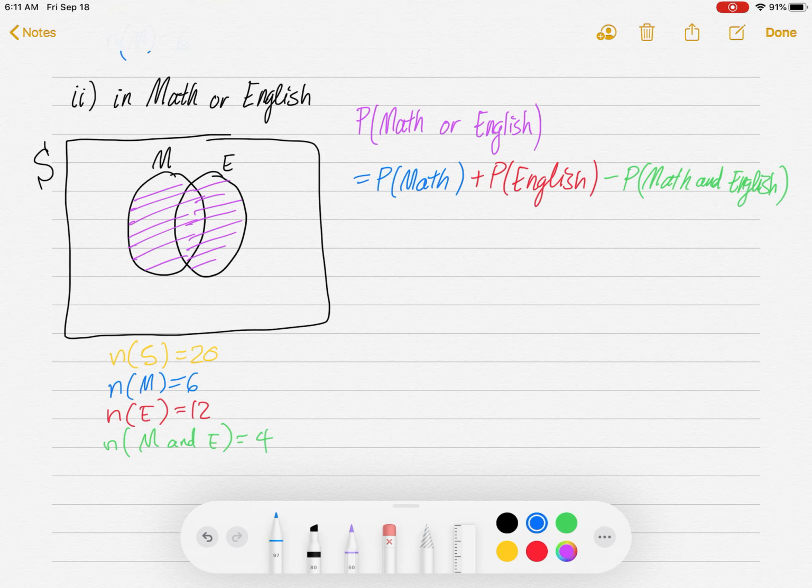Okay, so if I'm finding the probability of getting a math student, it's going to be 6, right, out of 20. And plus, probability of English is going to be what, 12 out of 20. Minus, for probability of math and English, it's going to be 4 out of 20. So I'm going to keep my common denominator here of 20.